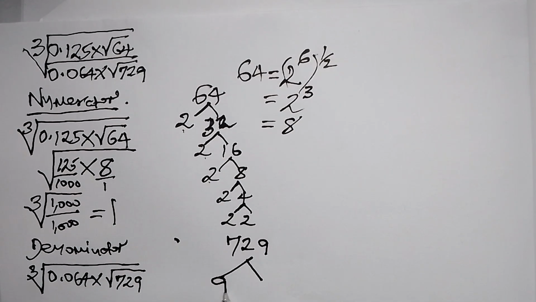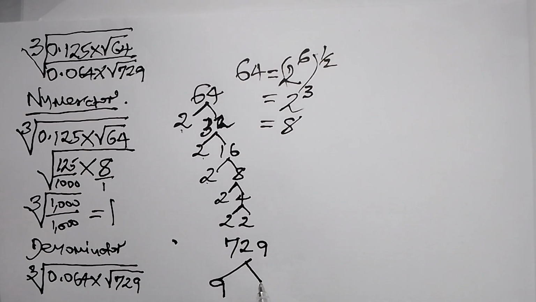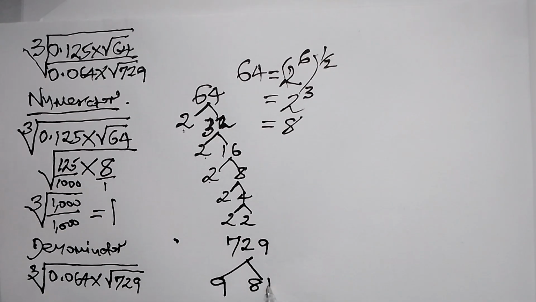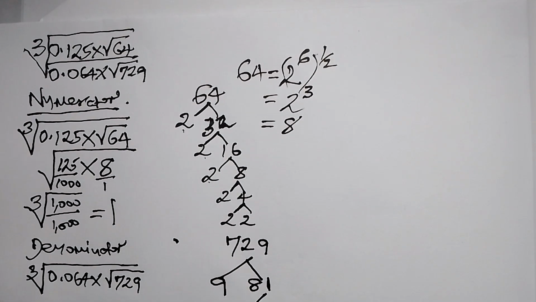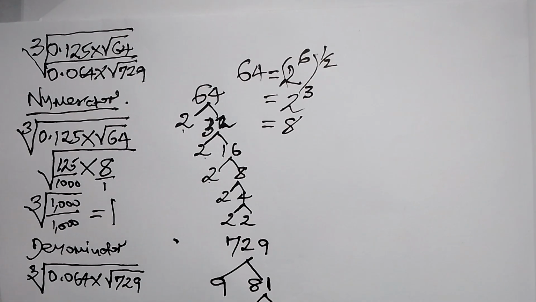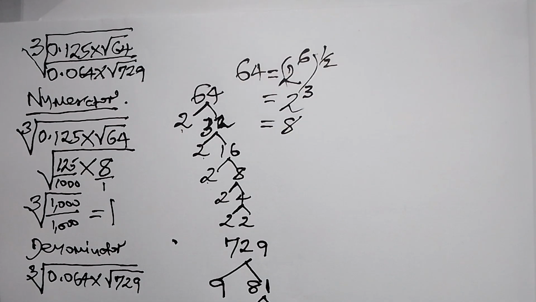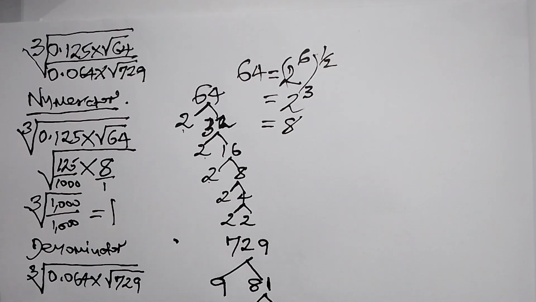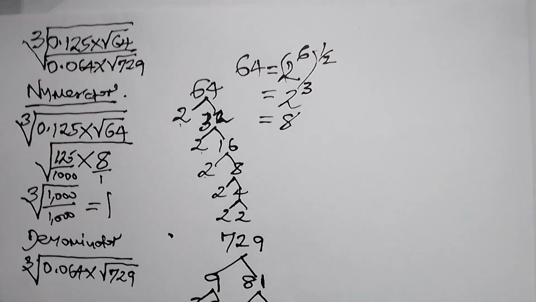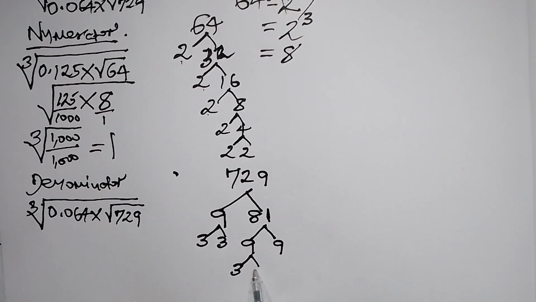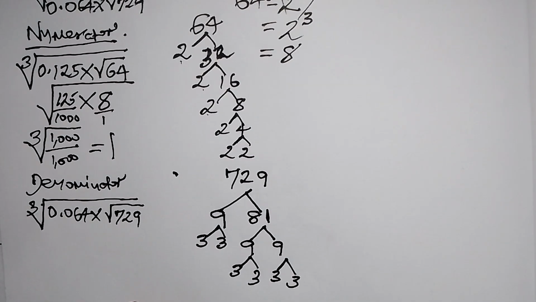9 will go into 729 81 times, and then 9 is still a common factor. In 81 it will go 9 times, and then we can simplify this again. 3 is a factor, and here 3 is also a factor, and here 3 is also a factor.